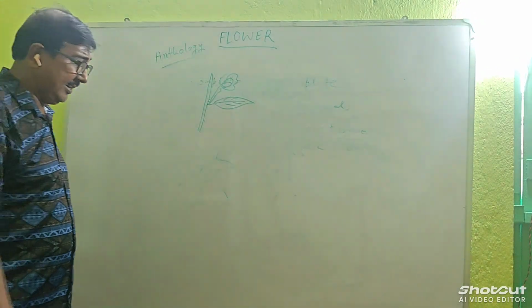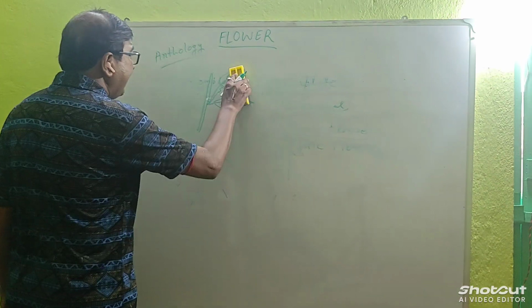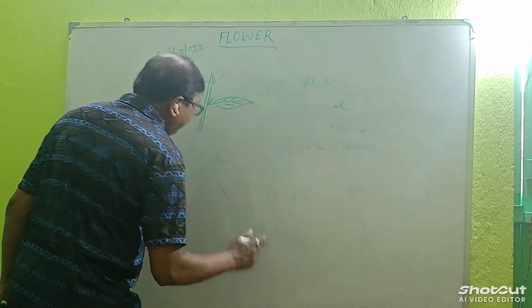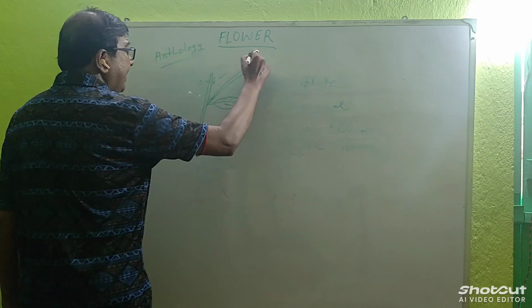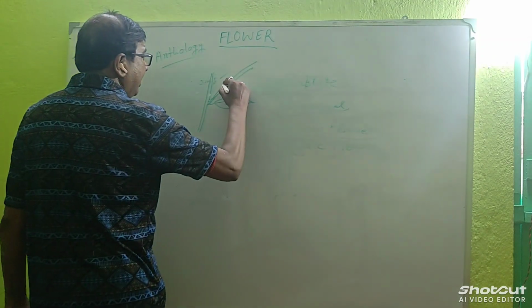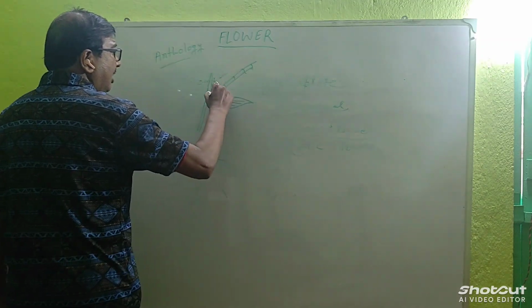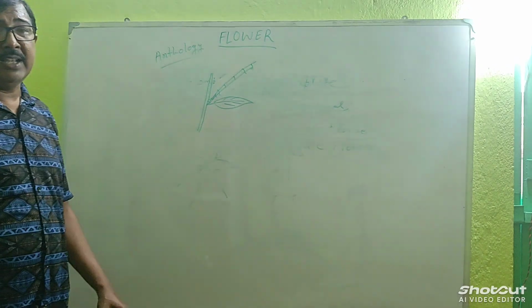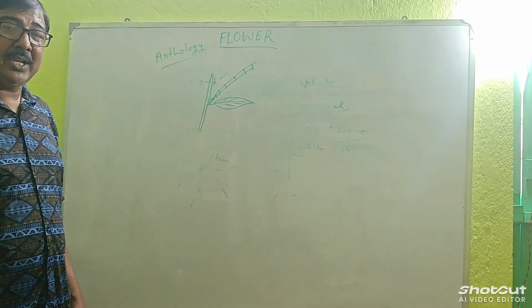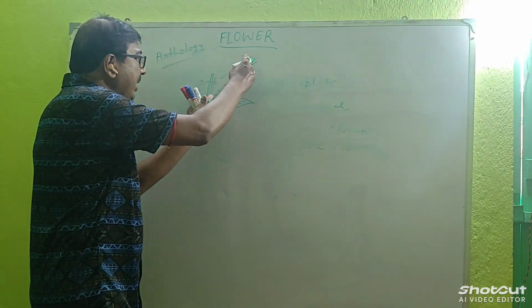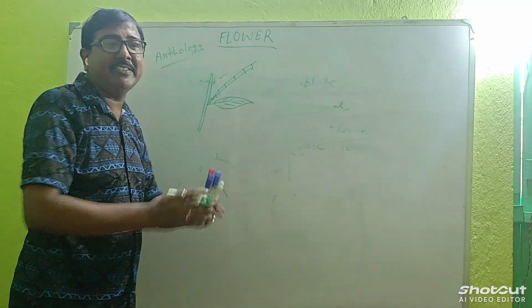If a flower does not occur here, then what happens? Some branches are formed. In the branches there are nodes, and between two nodes is called the internode. So what happens when the nodes are condensed to each other?